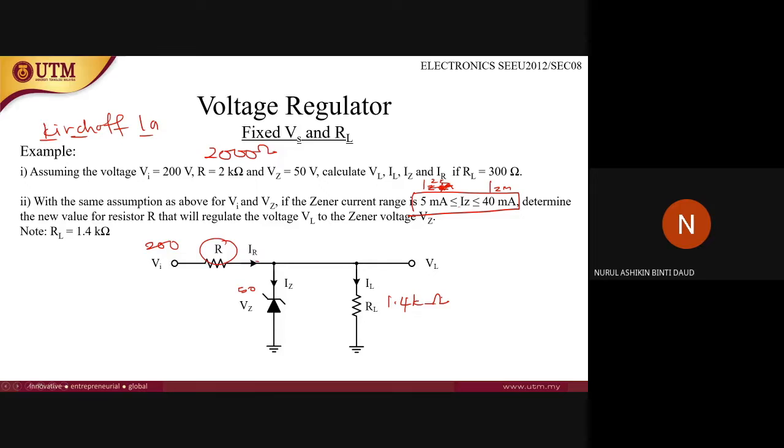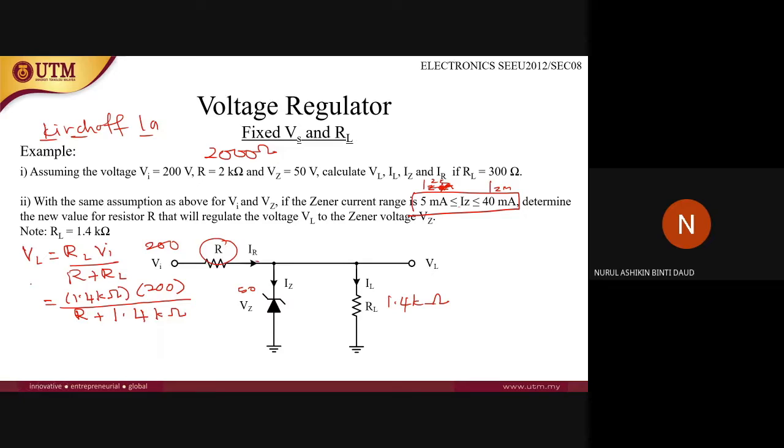Okay, for this question, as I mentioned just now, you need to know the VL first, right? So VL is RL times VI over R plus RL. However, RL is 1.4 kilo ohm, VI is the same, 200 volts, over R, which is not given, so you need to find the value of R plus 1.4 kilo ohm.